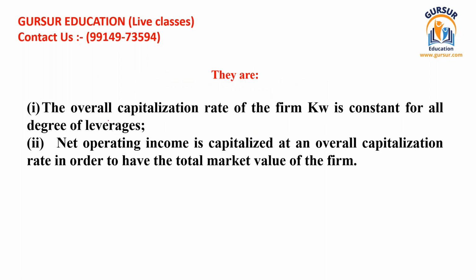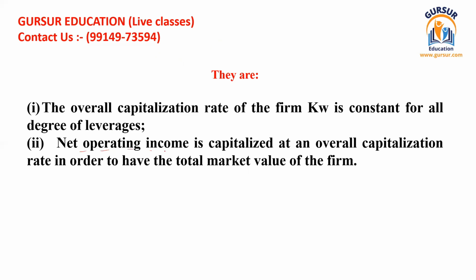The first assumption is that the overall capitalization rate of the firm, KW, the overall cost of capital of the firm, is always constant and does not change, irrespective of any degree of leverage. So whatever the mixture of debt and equity, your weighted cost of capital is always going to be constant.